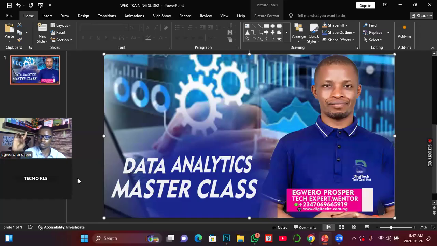Then the last one, insight generation. What does that mean? Drawing conclusions and recommendations. So I will explain these last two. Just note it down so that I can explain on Saturday.